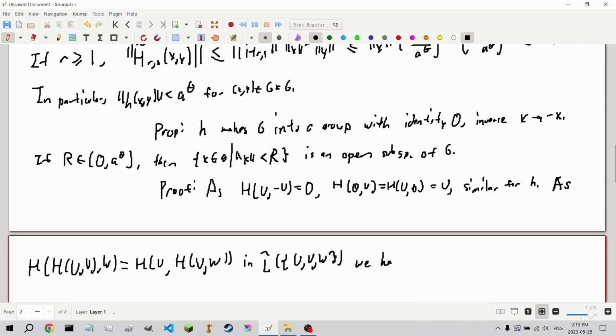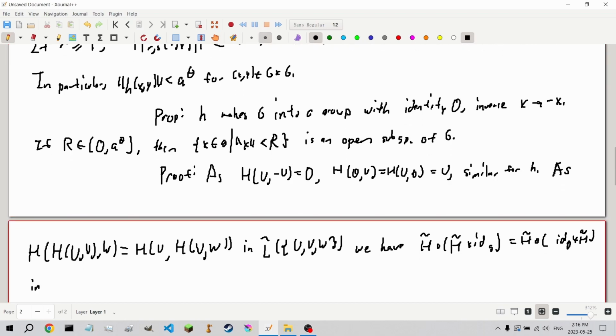We have that h tilde of h tilde times identity on G is equal to h tilde composed with, of course, then these two are just going to switch here. We have this commutativity kind of thing. This is in P hat over G times G on G, and we're done.